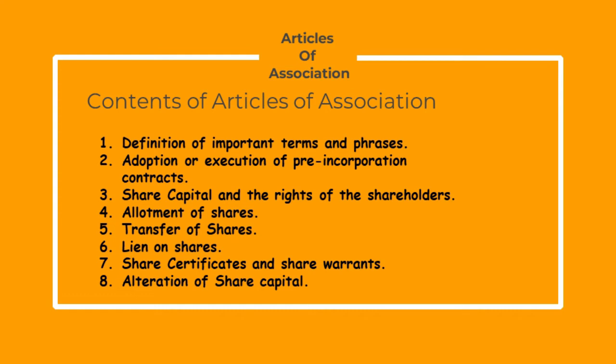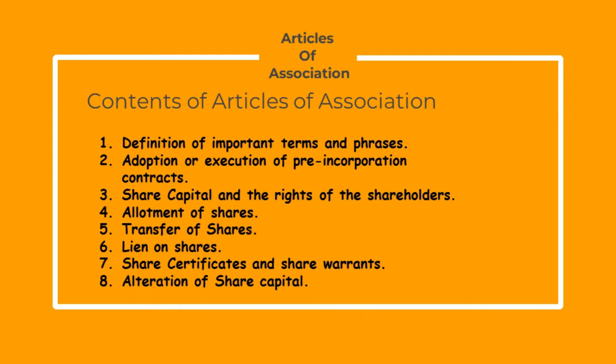Even the winding up procedure is prescribed under the articles of association. That means, remember, whatever has not been contained in the memorandum of association, the articles of association will contain the same. Very simple. Whatever has not been contained in the memorandum of association, everything the articles of association will contain.